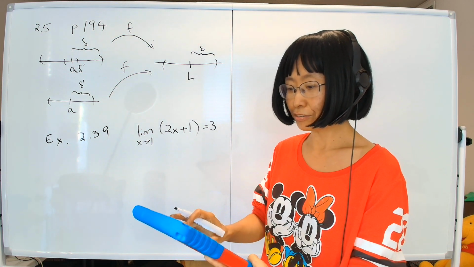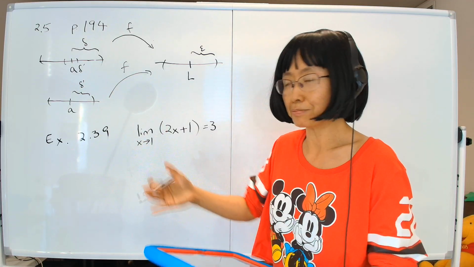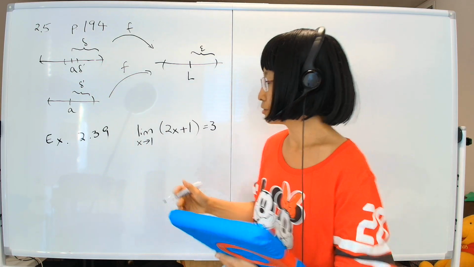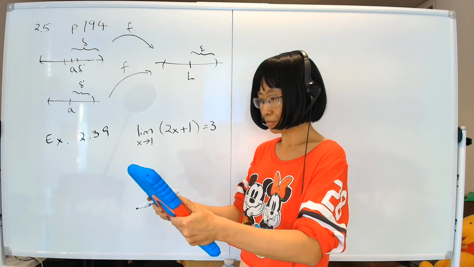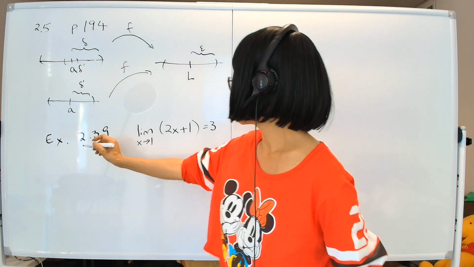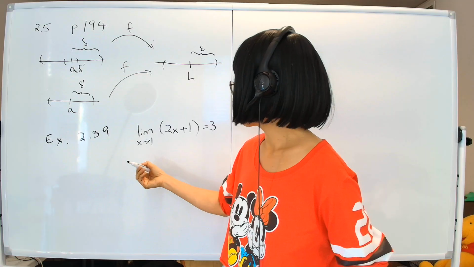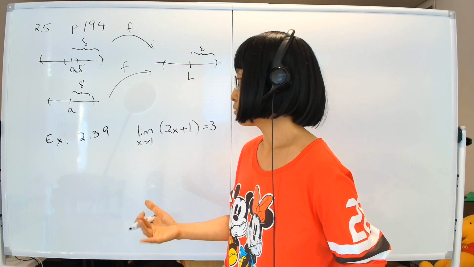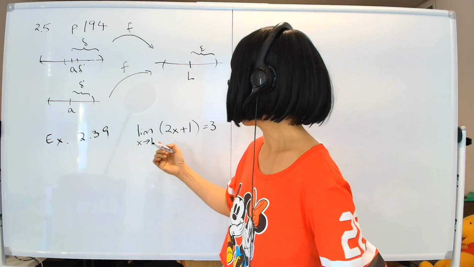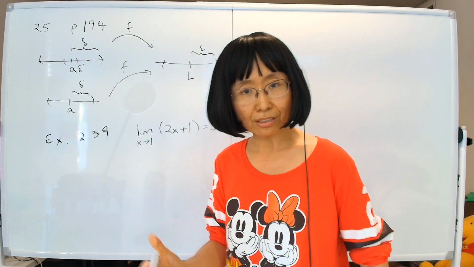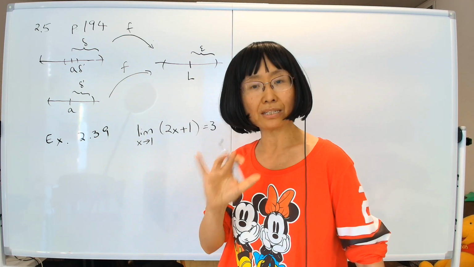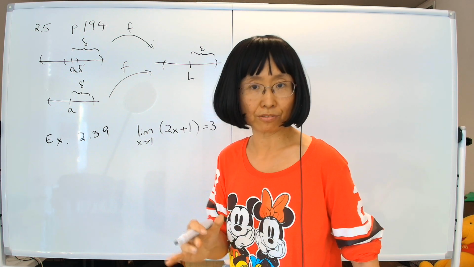To do that, to show how the delta epsilon definition works, I'm going to do a different approach than what your book says, because I think my approach is faster, but feel free to read the book's approach too. Anyway, in the delta epsilon definition, epsilon is the error tolerance that's given to you. You have no choice.